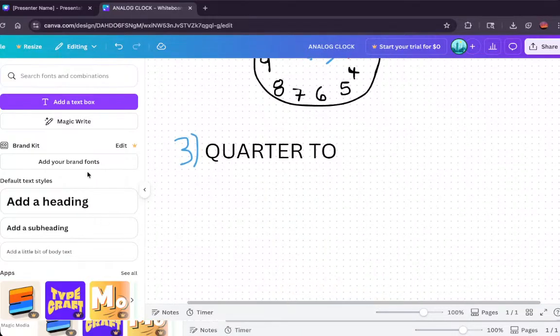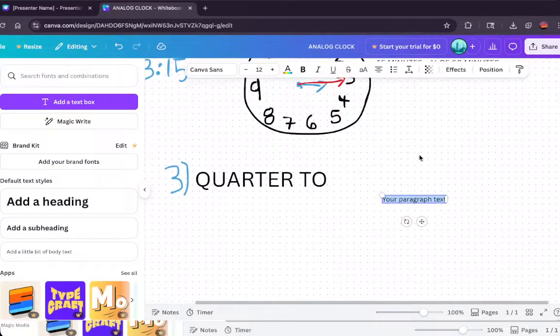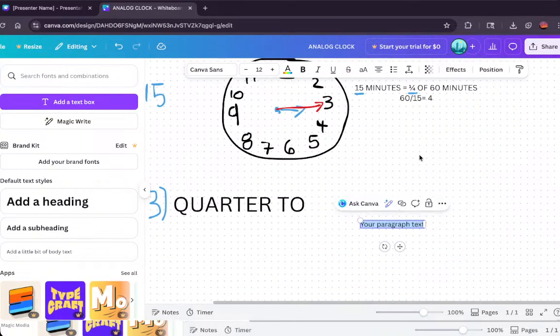So, before we start drawing the clock, let's establish what we did here. We have to draw quarter to 5, okay? So we already know 15 minutes is equal to 1/4 of 60 minutes.